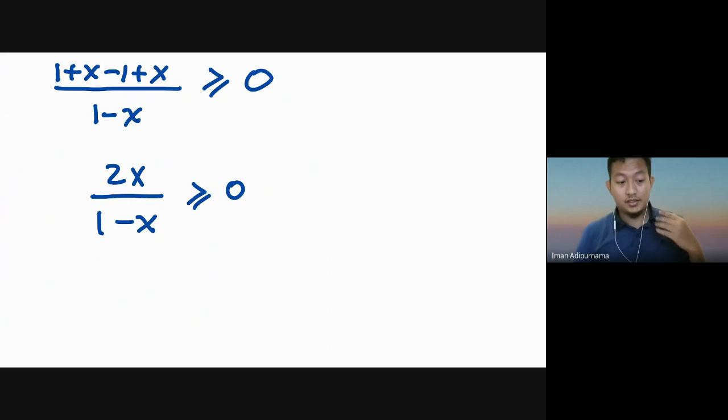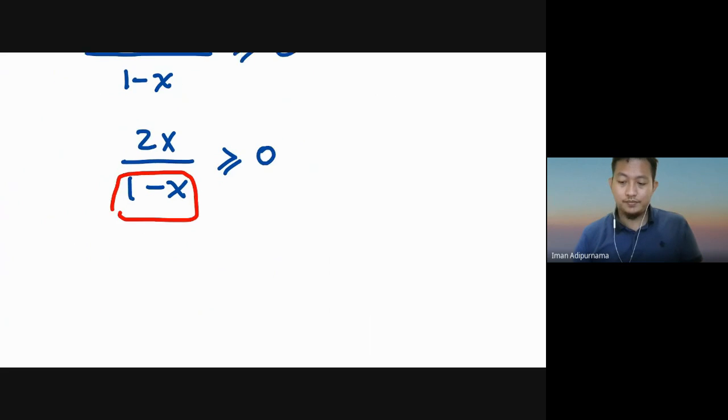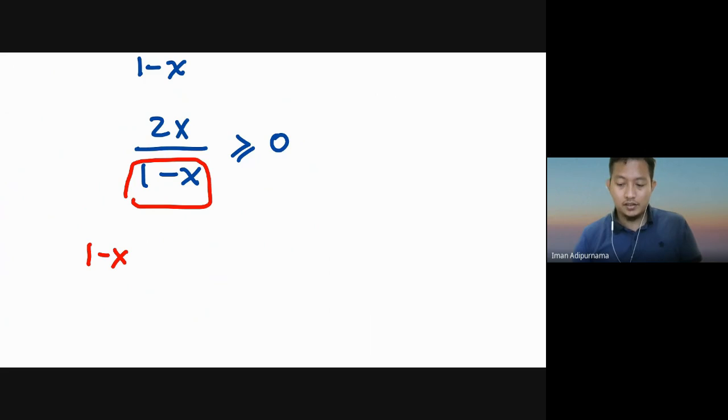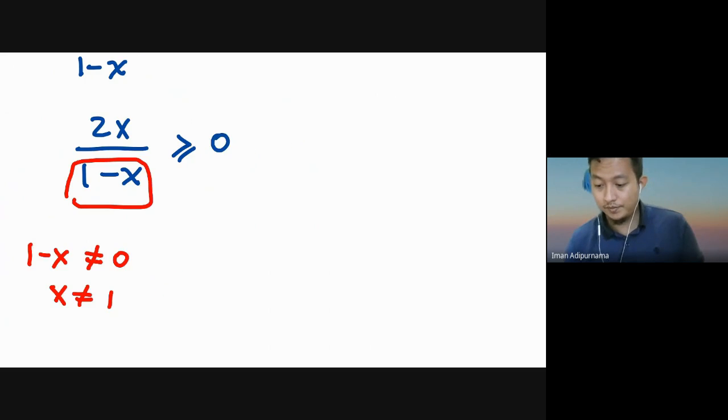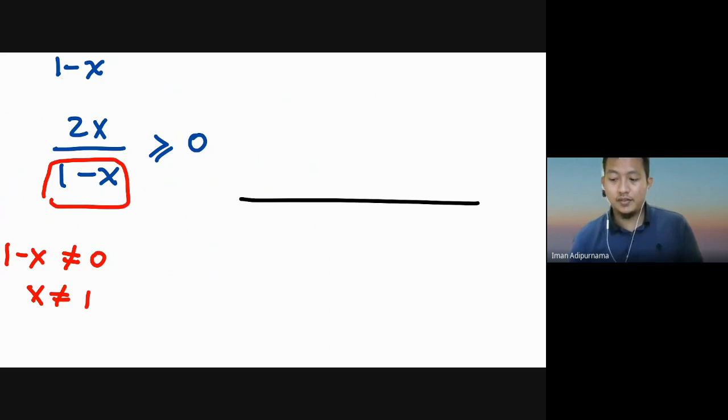And from this equation, we have our restrictions, right? Look at this 1 minus x. 1 minus x cannot be 0, right? So x cannot be 1. That's the restriction. So you have at least 2 points.